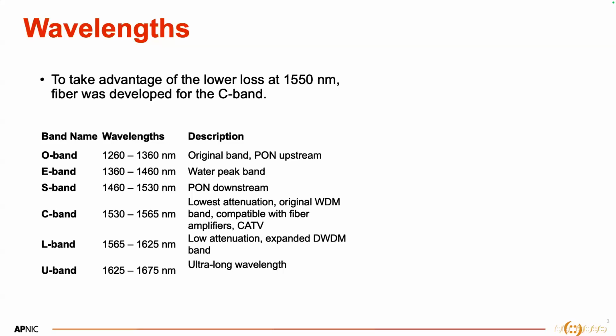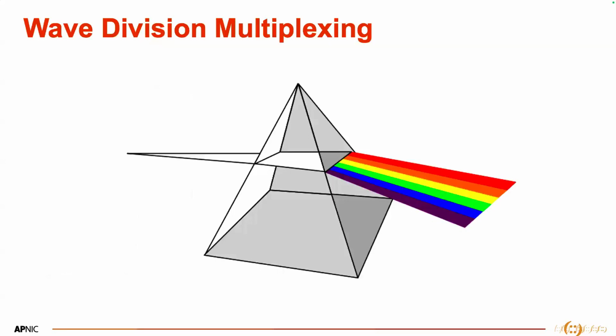Okay, so as I was saying, we are trying to focus on the C band only because it has the lowest attenuation. Whenever we send signals using these wavelengths, those signals will be less affected by attenuation.